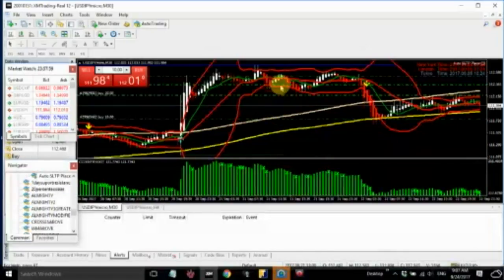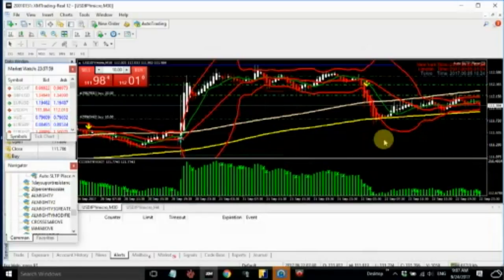When you use this Bollinger Band with this moving average period 200, how do you know that the price is coming back to the moving average period 200?